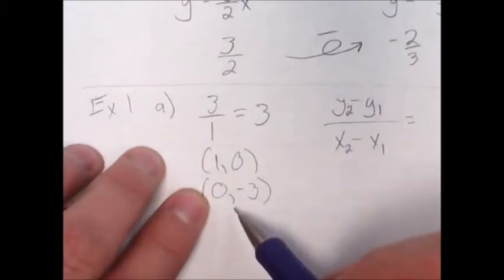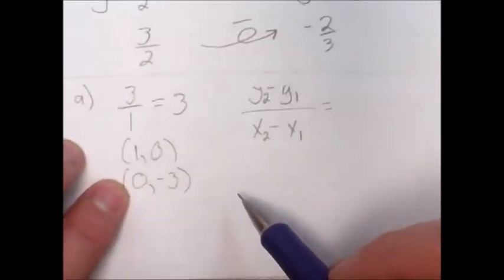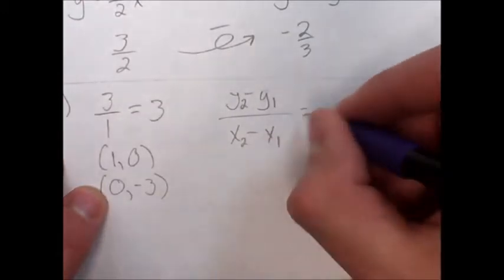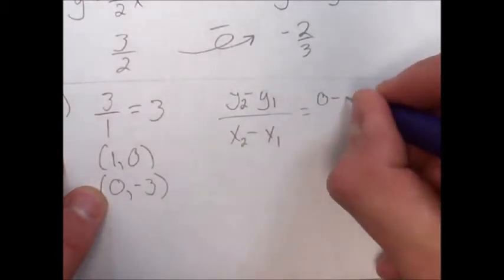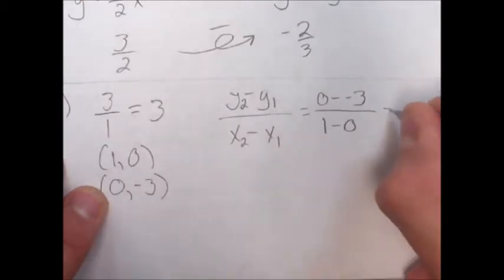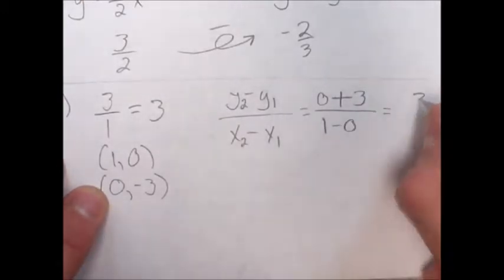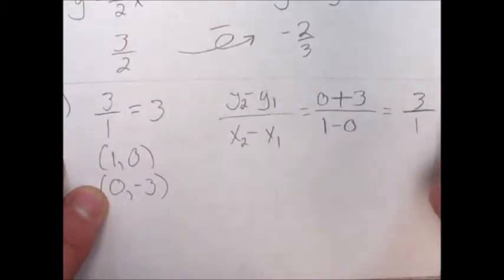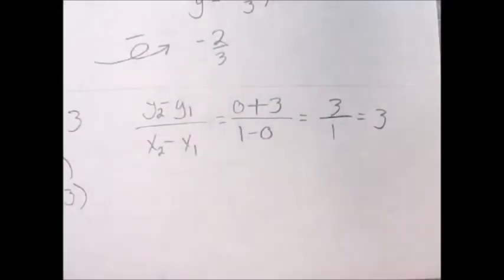So these were the coordinates that they gave us. We're going to plug those in right here. So the y coordinate was 0 minus a negative 3 and 1 minus 0. I need to fix this, so that turns into a plus. So I have 3 over 1 minus 0 is 1, and I reduce it all the way down to just 3. Do not leave your slope in 3/1 form.